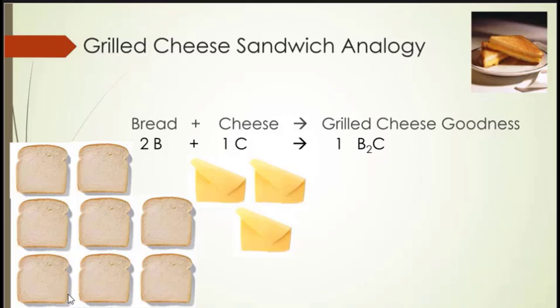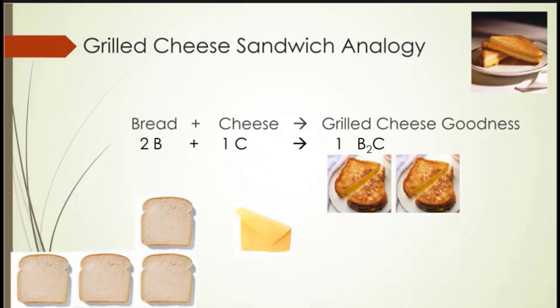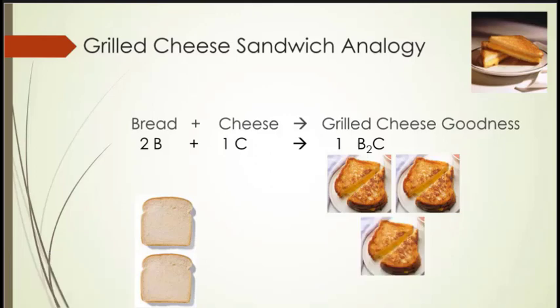All right, so let's say that I have 8 pieces of bread and 3 pieces of cheese. Well, I take my 1 cheese and 2 breads and make 1 grilled cheese sandwich. Take another piece of cheese and 2 more pieces of bread to make another grilled cheese sandwich. And the last piece of cheese and 2 pieces of bread to make a 3rd sandwich.